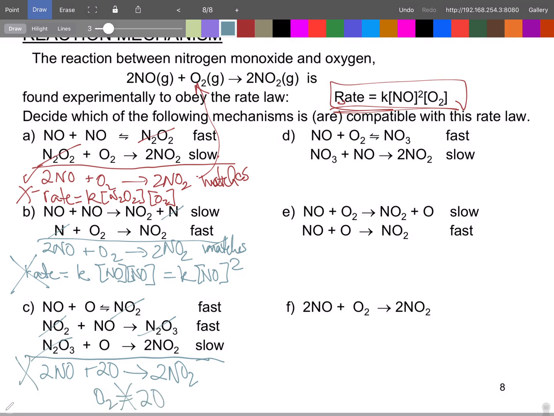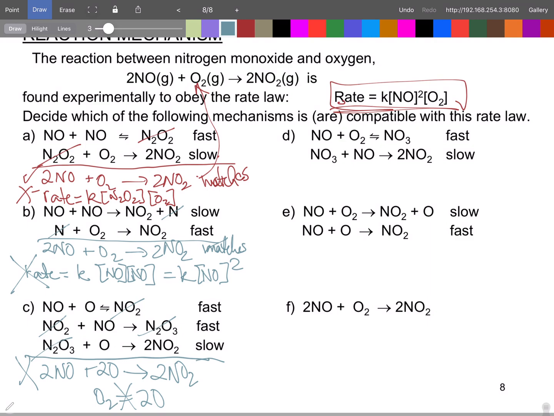So this doesn't even work for that one. So we don't even have to worry about the slow step because it's not going to sum. Now, if you had happened to glance ahead at the slow step before you added them together and said, wait, N2O3, that's not in there, you'd be okay to do that too.